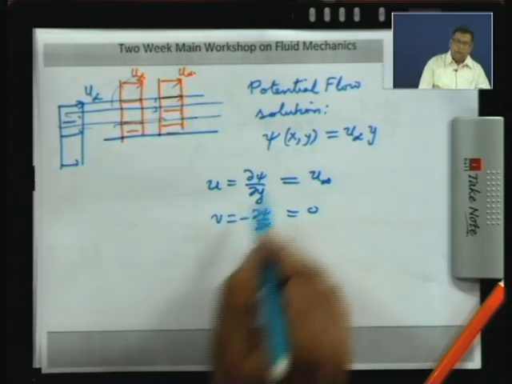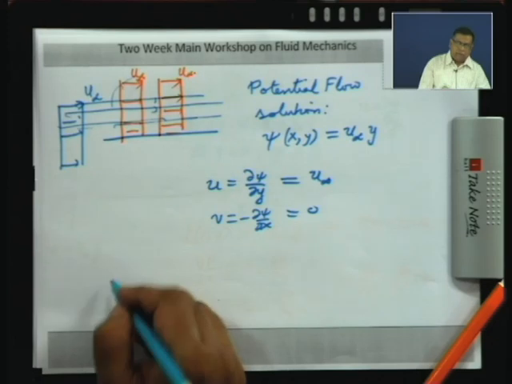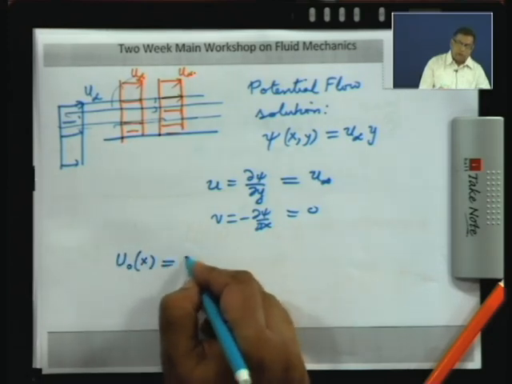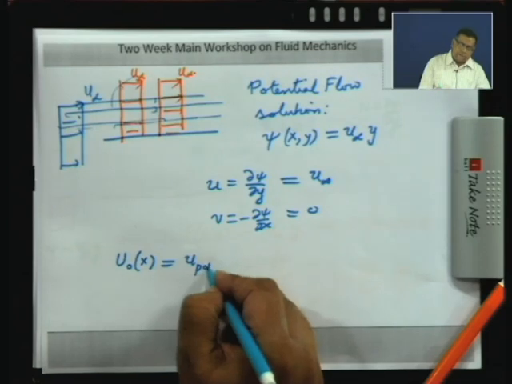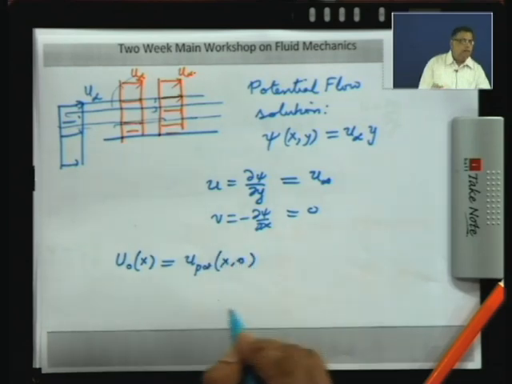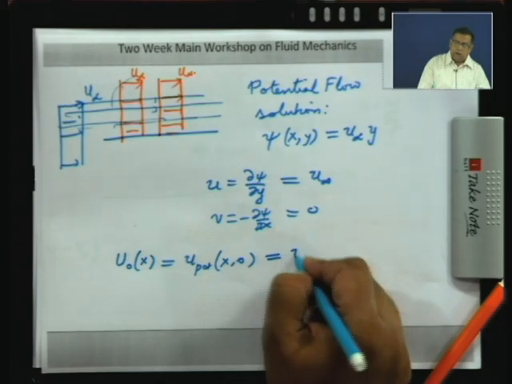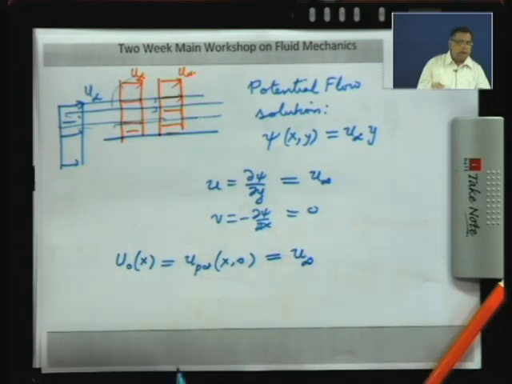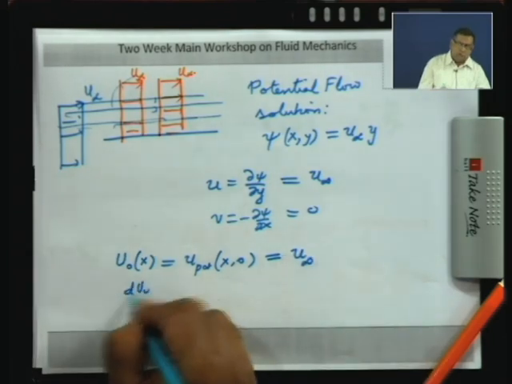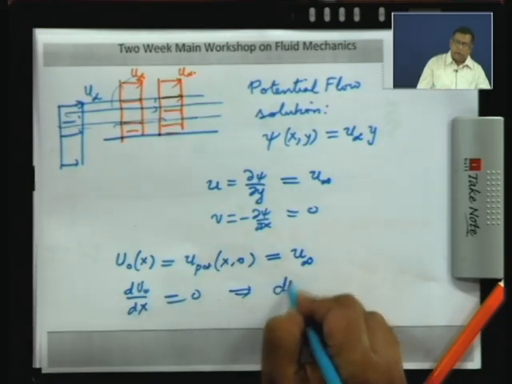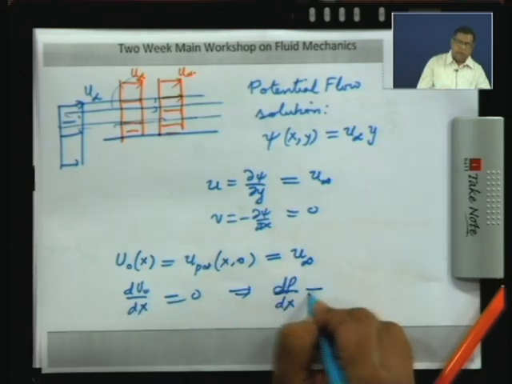Now, what is important as far as the boundary layer analysis is concerned is, what is u 0 of x? This is nothing but u potential of x comma 0, that is at y equal to 0, but here we are saying that u is a constant everywhere. So, this is simply u infinity. Now, du 0 dx is going to be 0, which means that dp dx is 0.